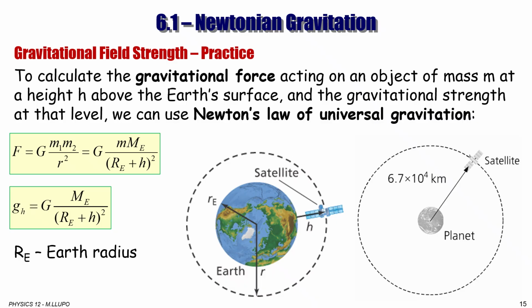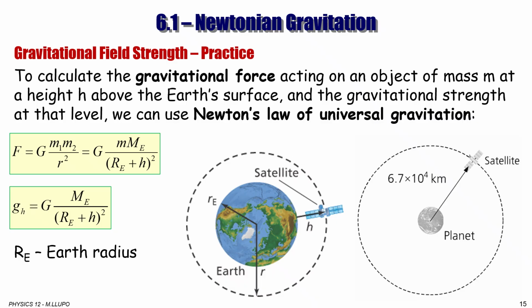the center of that object. That means it is the radius of the Earth plus the height of the object above the surface of the Earth. So G times the mass of the satellite, for example, times the mass of the Earth, over r of the Earth plus h, all to the power of 2.